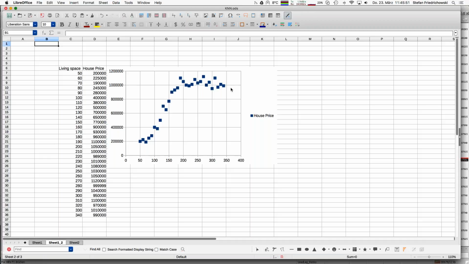Okay, and you see what I have done. I have a more or less, not really straight line for the increase at the beginning, and then something which we would call more or less a saturation of that value. So that means from a certain square meter value, there is no big change anymore in the price.